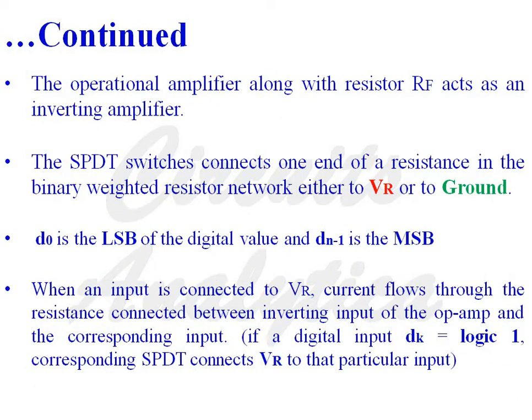The operational amplifier along with resistor RF acts as an inverting amplifier. SPDT switches connect one end of the resistance in the binary weighted resistor network either to reference voltage VR or to ground. D0 is the LSB of the digital input and Dn-1 is the MSB of the input.